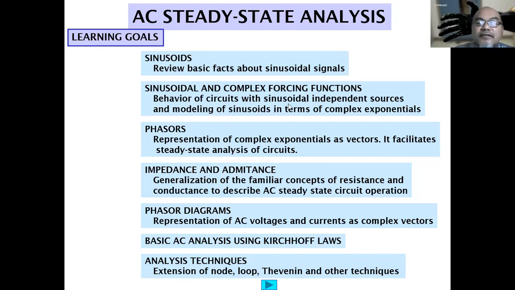Then we represent them as a phasor, a complex exponential vector, after which we represent AC voltages and currents in vector diagrams. Then we will learn how to use the basic circuit analysis laws, like Kirchhoff's laws, to solve for the electrical parameters in AC steady state.